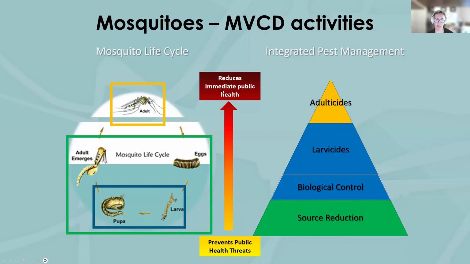And correspondingly, this arrow in the middle shows future prevention as opposed to an immediate and emergency intervention. So in a situation where we know that there are infected mosquitoes imminently flying around, biting people and transmitting disease, that might be an appropriate use of adulticide or adult mosquito control.